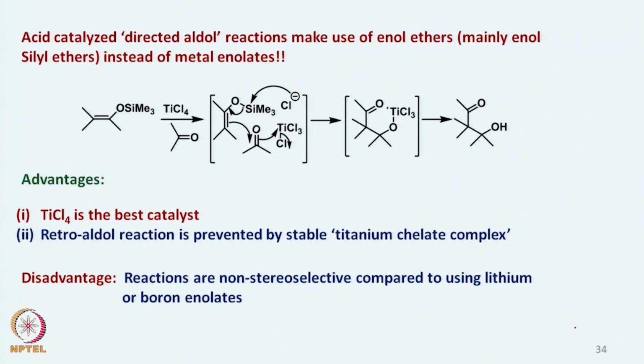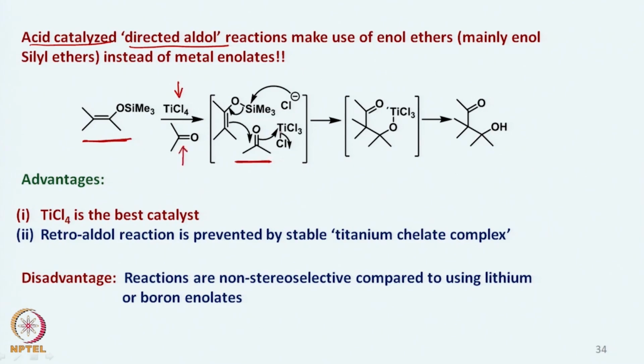We can also use enol silyl ether, as we discussed the chemistry of the enol silyl ether, for directed aldol condensation under acidic conditions, and as I have shown here, TiCl4 can be used as a Lewis acid to activate the carbonyl group.